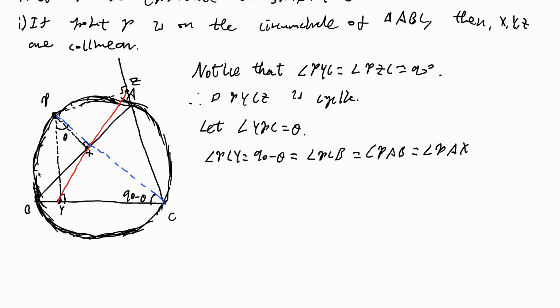So let's draw them real quick. So far we know that PAX is 90 minus theta, which means because this is 90 degrees, this angle right here is theta. What else do we know here?